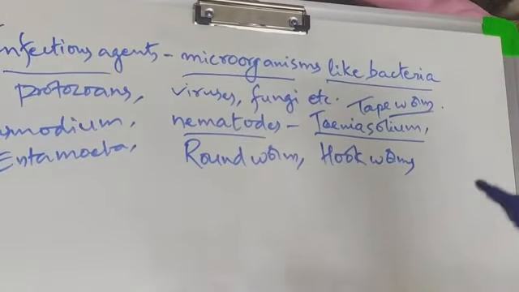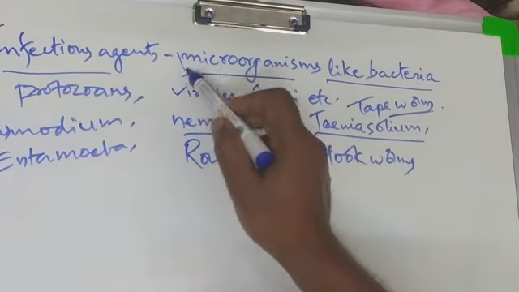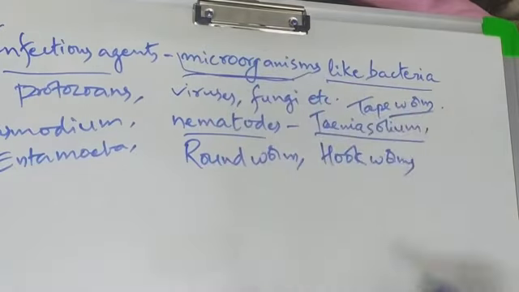They are mostly internal causes. The external causes are microorganisms or infectious agents. Internal causes are genetic factors, physiological abnormalities, blood pressure, excessive body weight, and malnutrition. All these are internal factors.